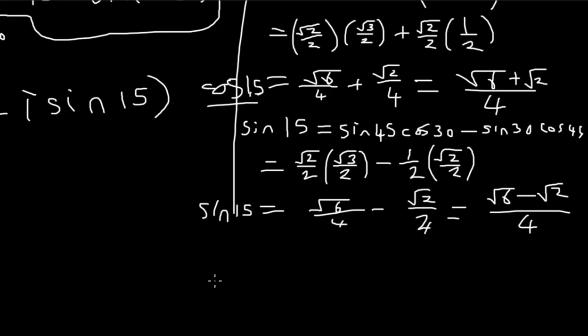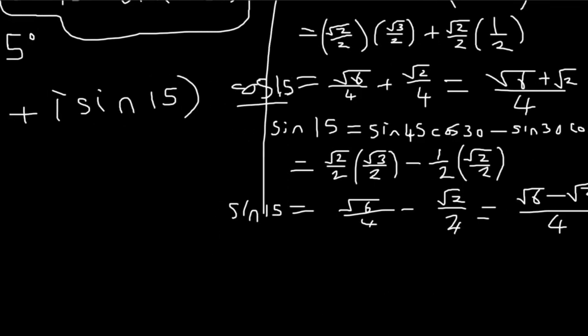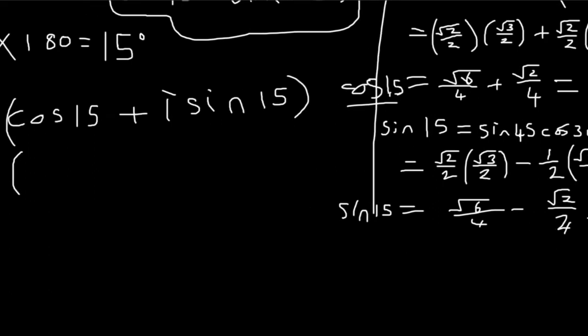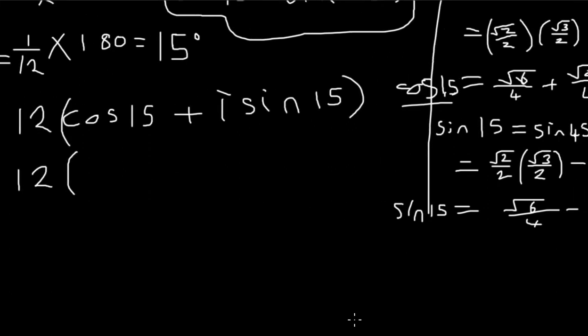So from there we can now put them here. So cos 15 we found to be root 6 plus root 2 over 4, and then plus our i there, and then what is now the sine of 15.